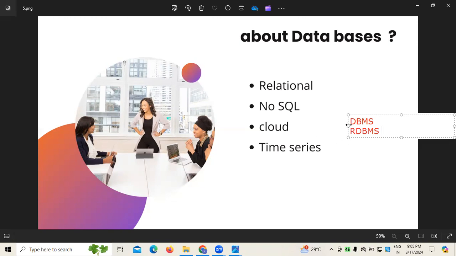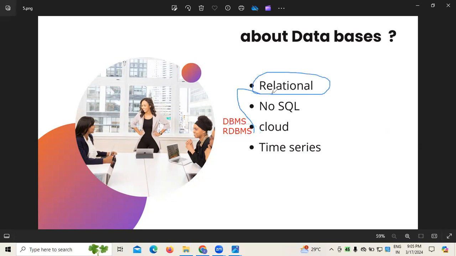Now, what does RDBMS stand for? RDBMS stands for Relational Database Management System. If you want to create any kind of relations for any of the databases, that's where RDBMS is normally used.